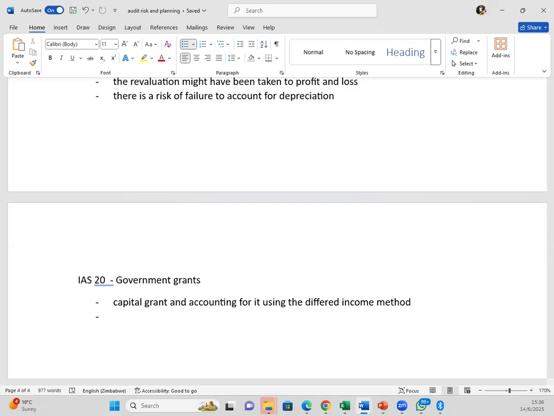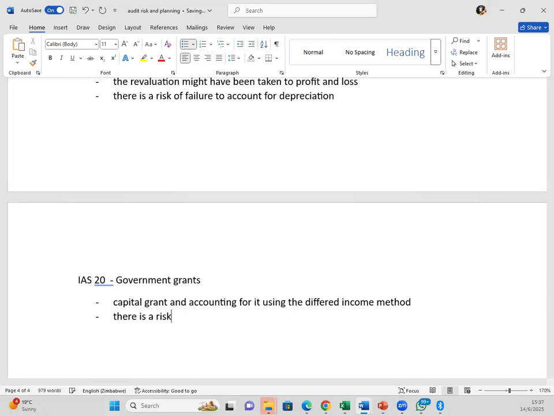There is a common problem of failure to account for the grant as being current and non-current. So there's a risk that the grant might not be split.